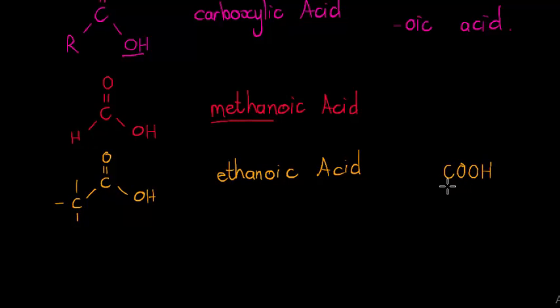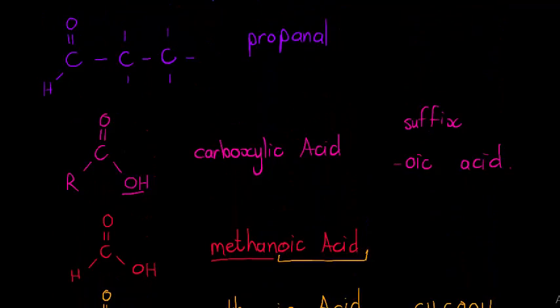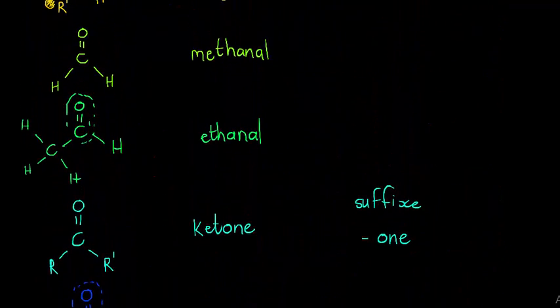So I'll always have this in my structural formula. On this side, for example, I've got a CH3COOH. Okay, that would always be an acid if I have this at the end of my condensed structural formula. Let's look at some condensed structural formulas here.